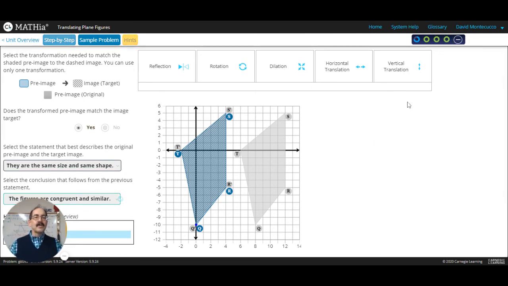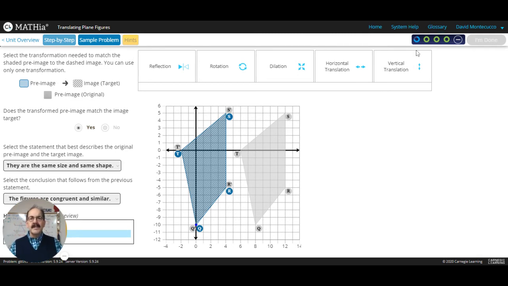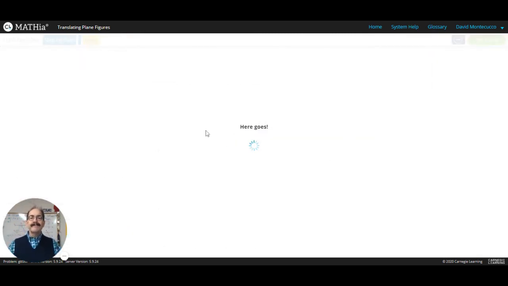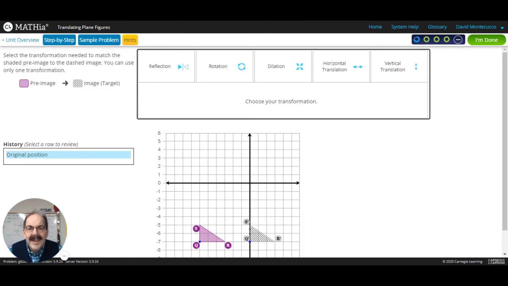Hey, all right, more crushed grapes. Looks like we only have one more. Let's see what happens on this video. Let's see. It looks like we're going to go from purple to stripes.